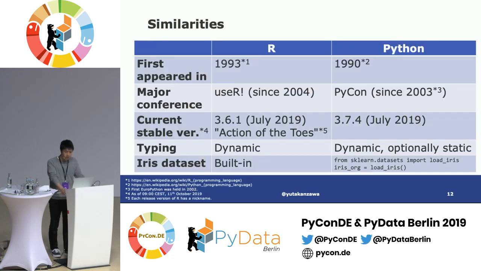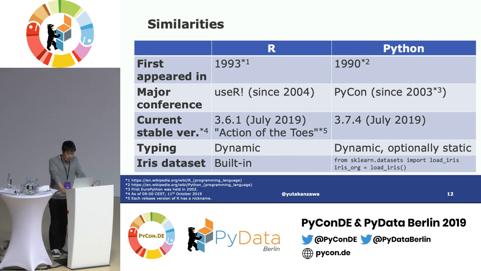On the other hand, they have many similarities as well. They both first appeared in the early 1990s and took about 10 years before their first major conferences were held.